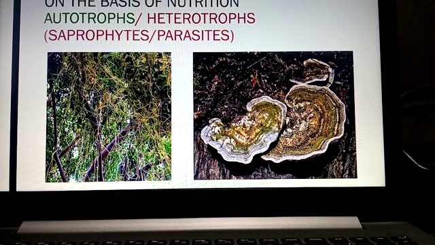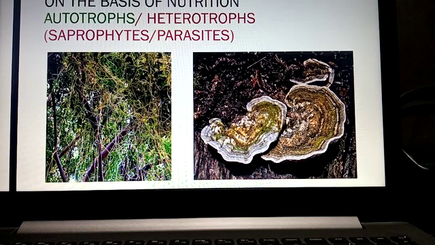The first picture, children, is an example of a parasite. Under heterotrophs, we have two different types, that is saprophytes and parasites. Saprophytes feed on dead and decaying bodies. Then what about parasites? Parasites are the plants that feed on other living bodies.